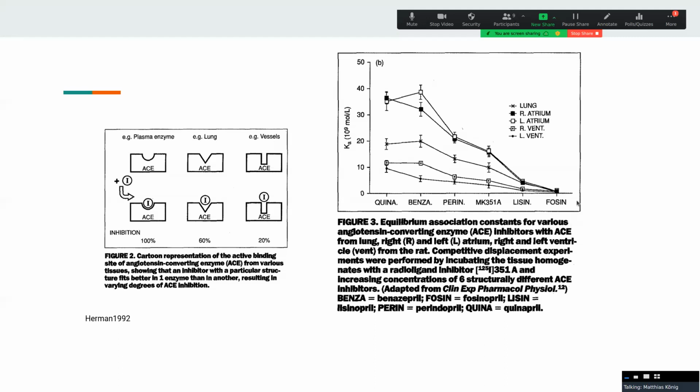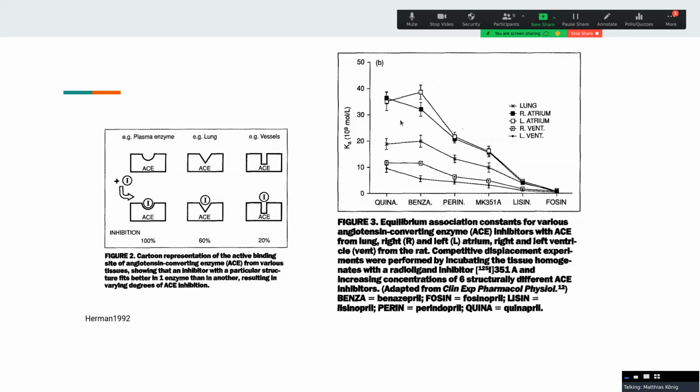In this figure you see some of these substances, like lisinopril, benazepril, fosinopril. They are all named very similarly: if you have a pril substance, you can be pretty sure it's an ACE inhibitor.